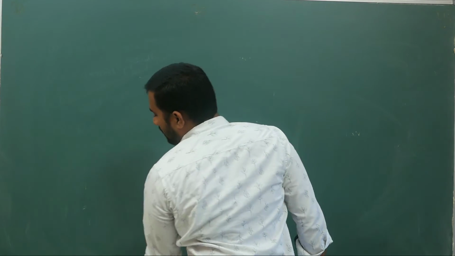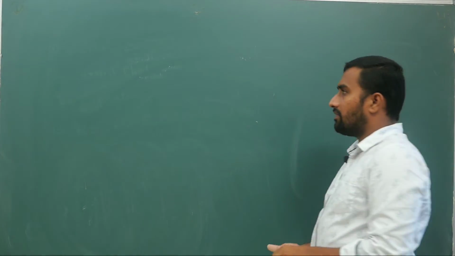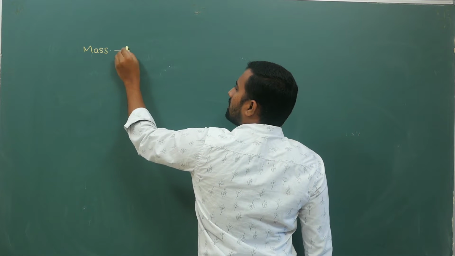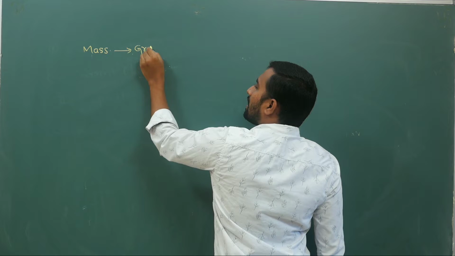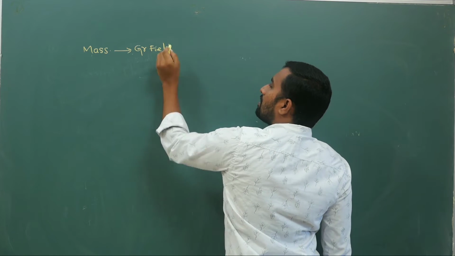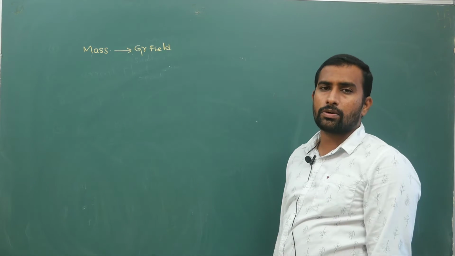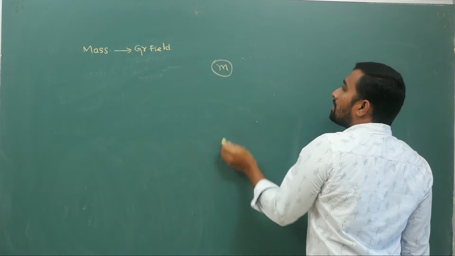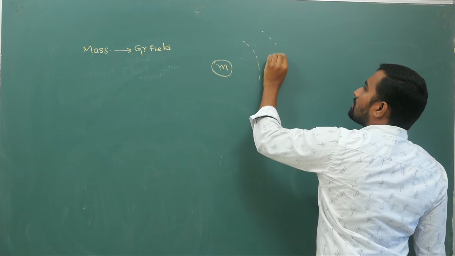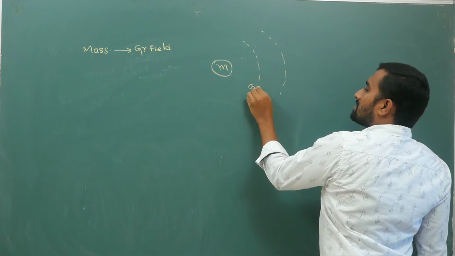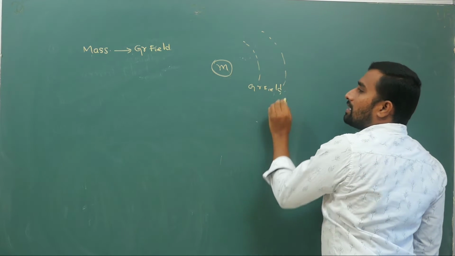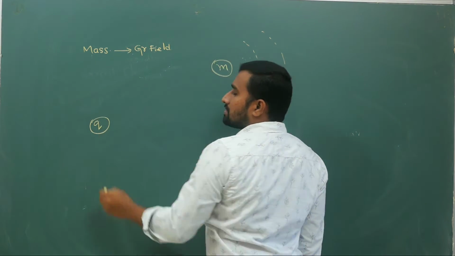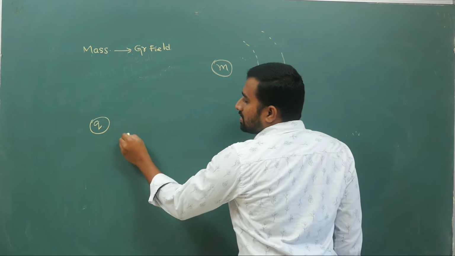Whenever you have mass, this mass will produce a gravitational field. So if you have a mass m like this, around it there is a gravitational field. Similarly, if there is charge, two things are possible.